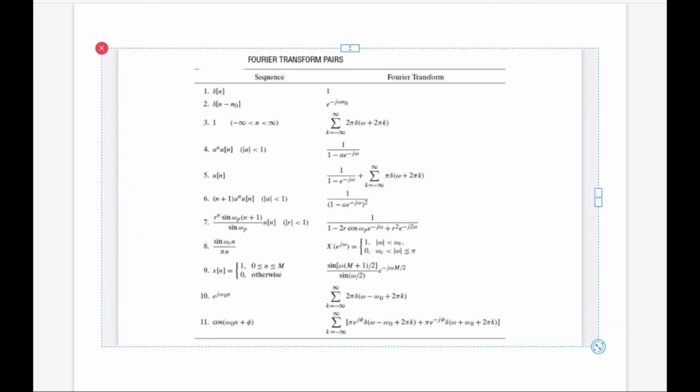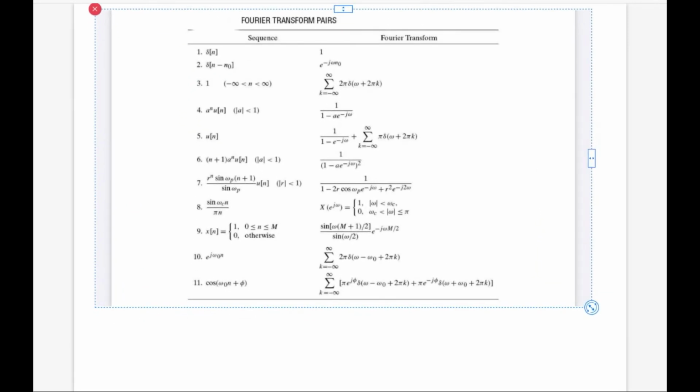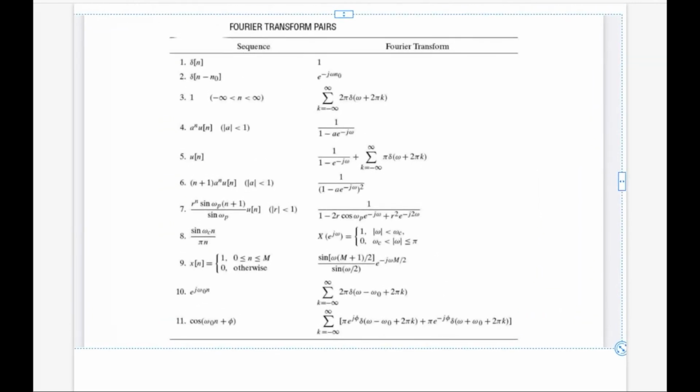Okay, now let's take a look at some of the Fourier transform pairs. This is an impulse. If in the time domain there is an impulse, it's all ones in the frequency domain, and vice versa.